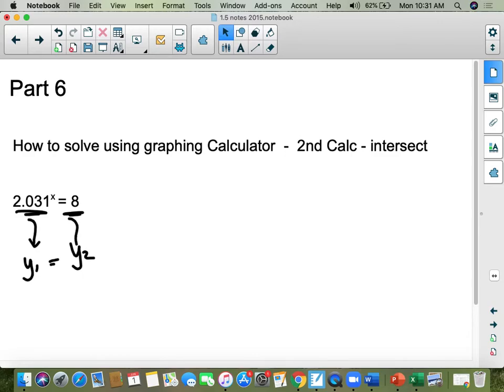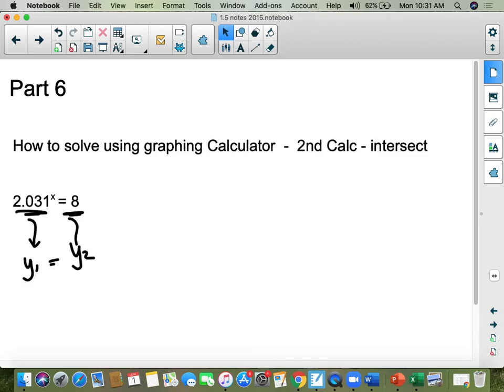See what Z decimal does. Okay, Z decimal does not work. Z decimal gives you the 2.031^x, but it does not give you the 8 because the 8 is too high up. So I'm just going to change my window.